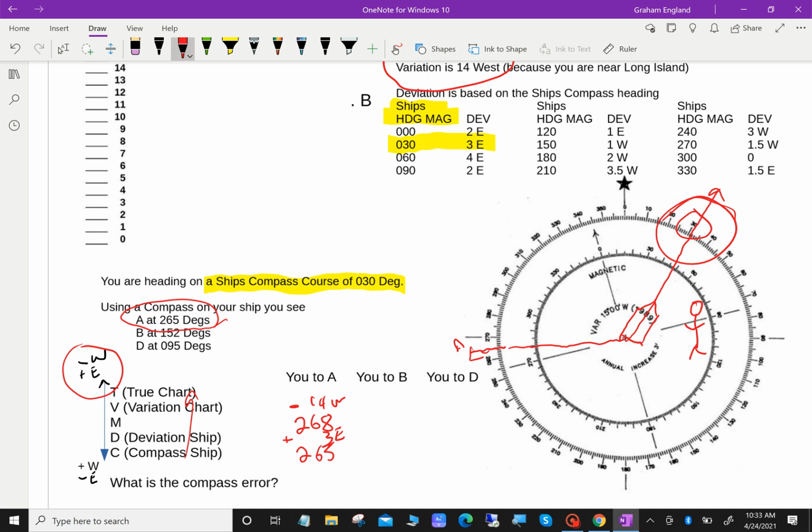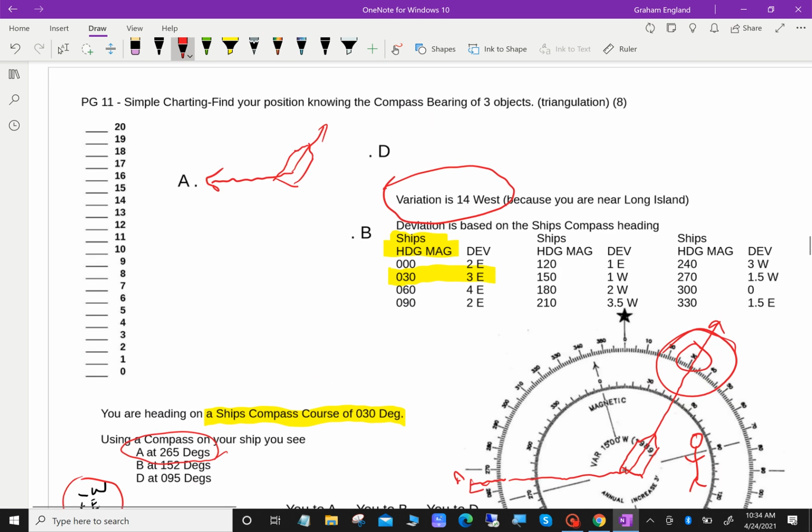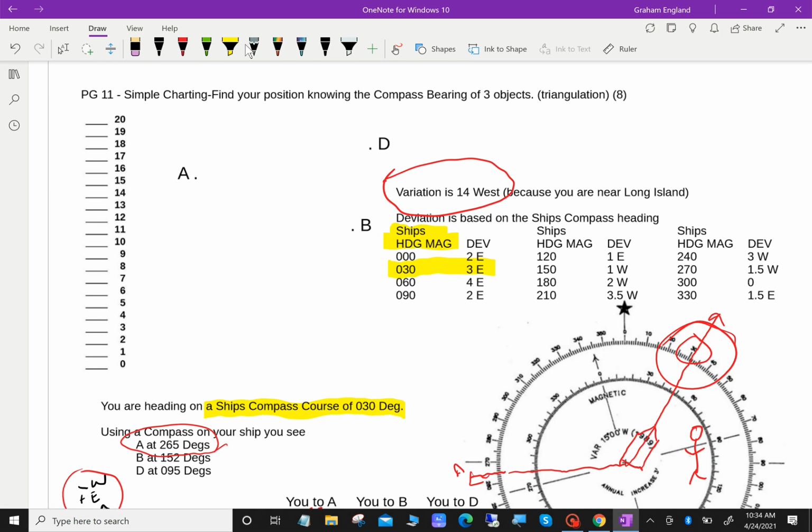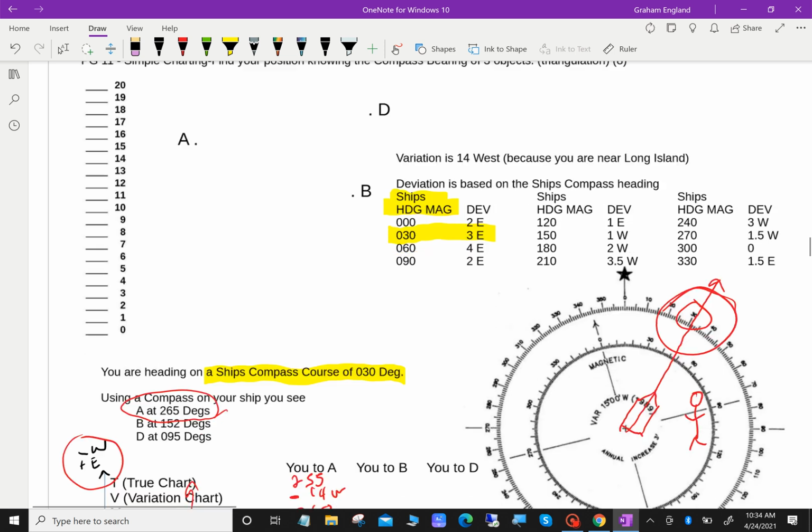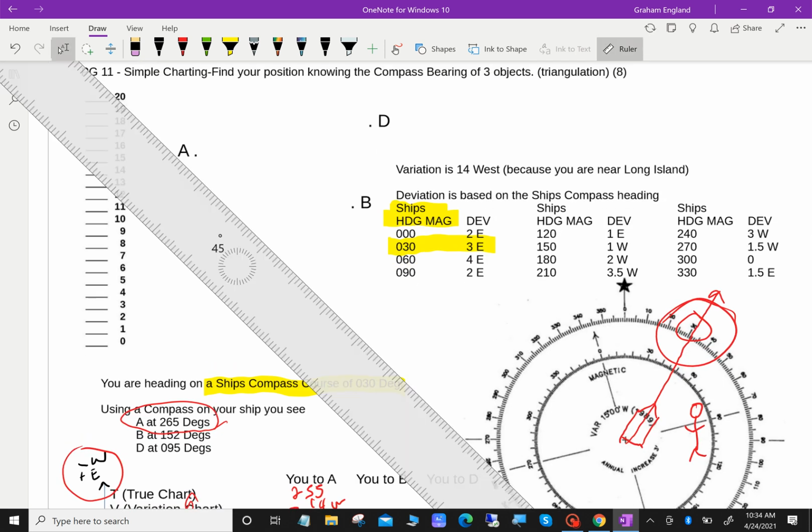So let's do that quickly here on my little calculator. And don't try to do this in your head because you might make a simple mistake. 268 minus 14 equals 254. So I know that if I draw a course of 255, and I'm going to erase this stuff a little bit, if I draw a course of 255, I should be somewhere along there.